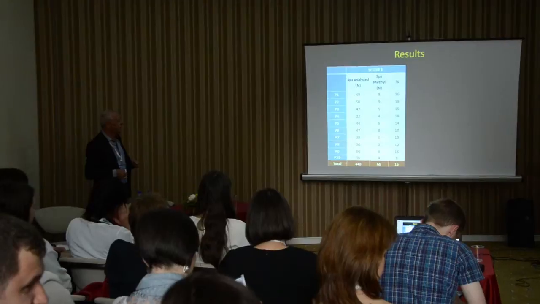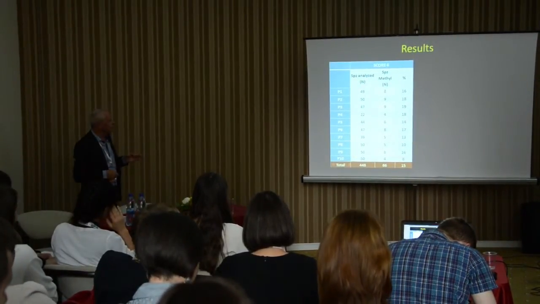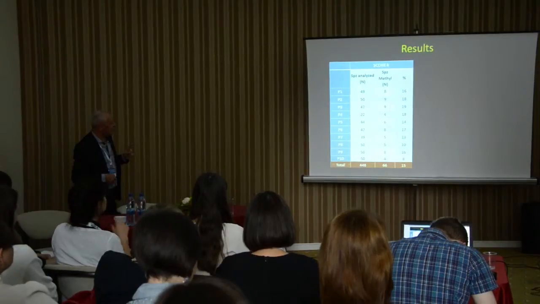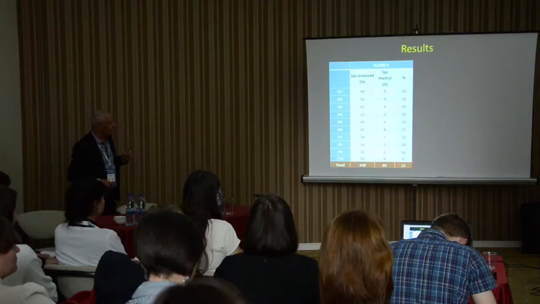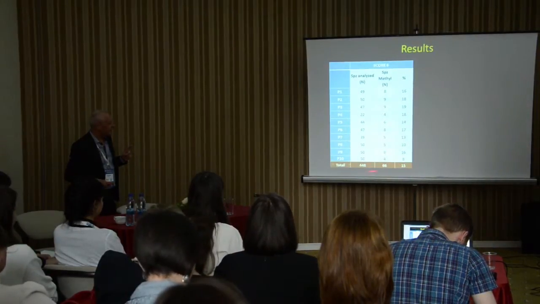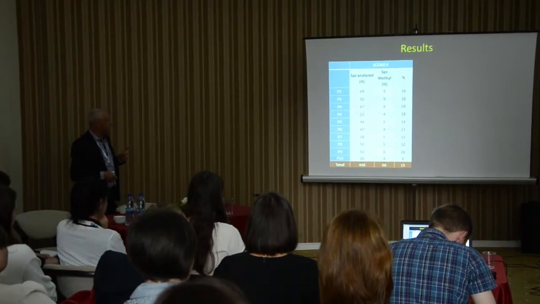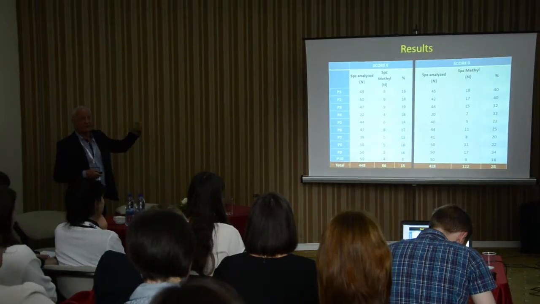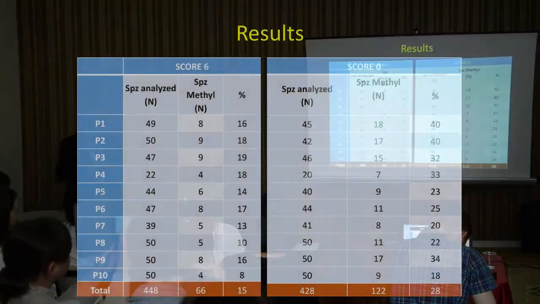If we analyze around 50 sperm on the slide with score 6, this is the number of sperm with hypermethylation: 8 for 90, 9 for 50. In total it's around 15 of the sperm that have hypermethylation. Inversely, for the same ejaculate, the same sample, on the same slide, we did score 0 and score 6.